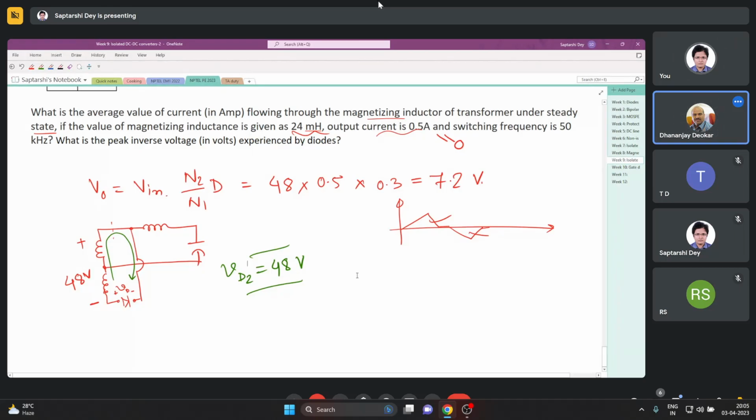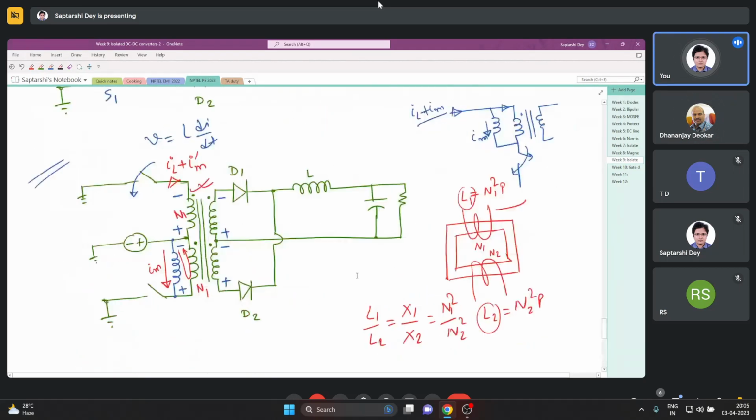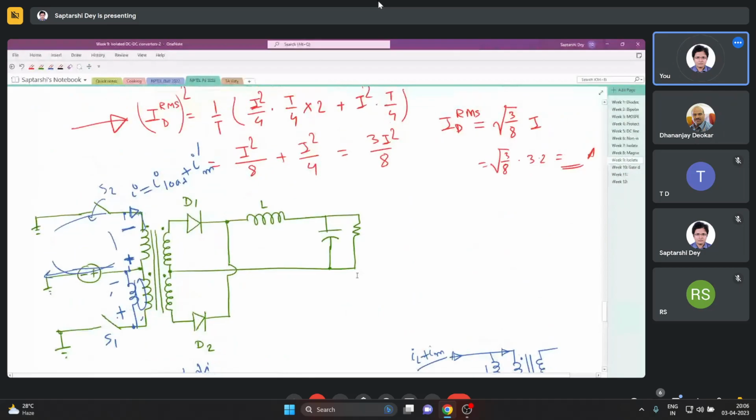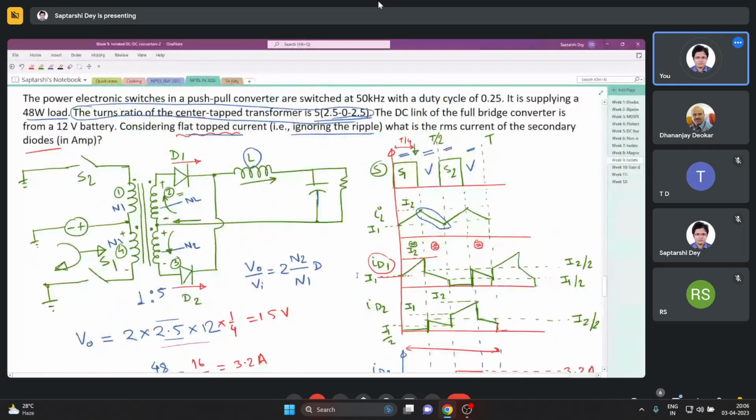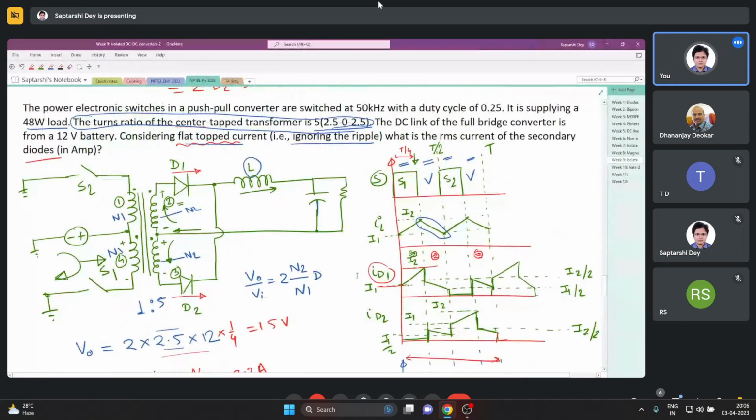One last thing I wanted to say, which just came to my mind while writing this. Look at this waveform and this waveform, the switching waveform, say S1. What I have drawn here is one complete switching cycle.